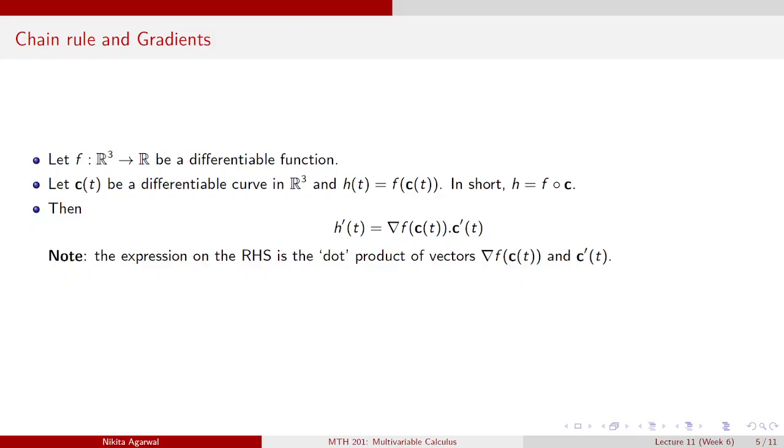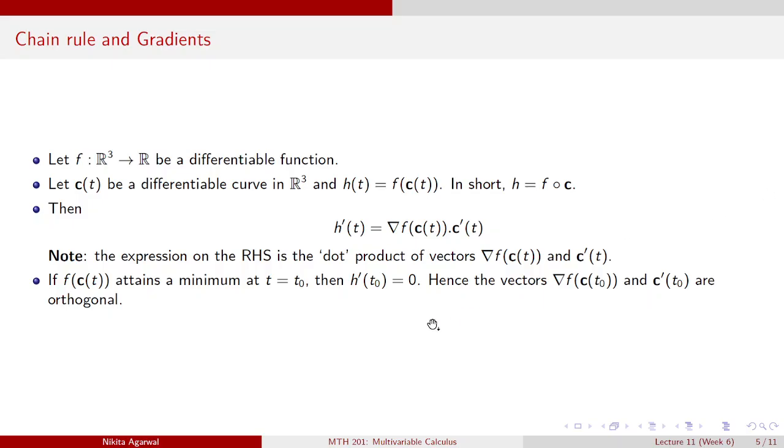But that can also be written as a dot product of two vectors, right? Which is this and this. So this comes from chain rule. So the expression on RHS is the dot product of these two vectors. So you take the gradient of f at the point c(t) and dot product it with c prime t, which is the tangent vector at the point t.